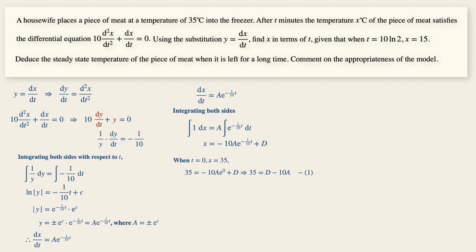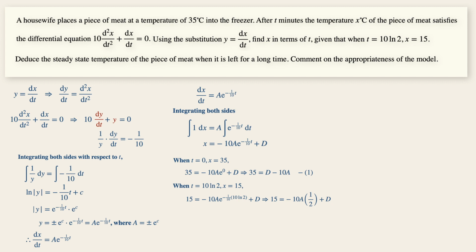Let's try to find other information in the question to form a simultaneous equation. We see that when t is equal to 10 ln 2, x is equal to 15. So 15 is equal to minus 10 a e to the power of minus 1 over 10 ln 2 plus d, and this will be equal to minus 10 a e to the power of minus ln 2 plus d.